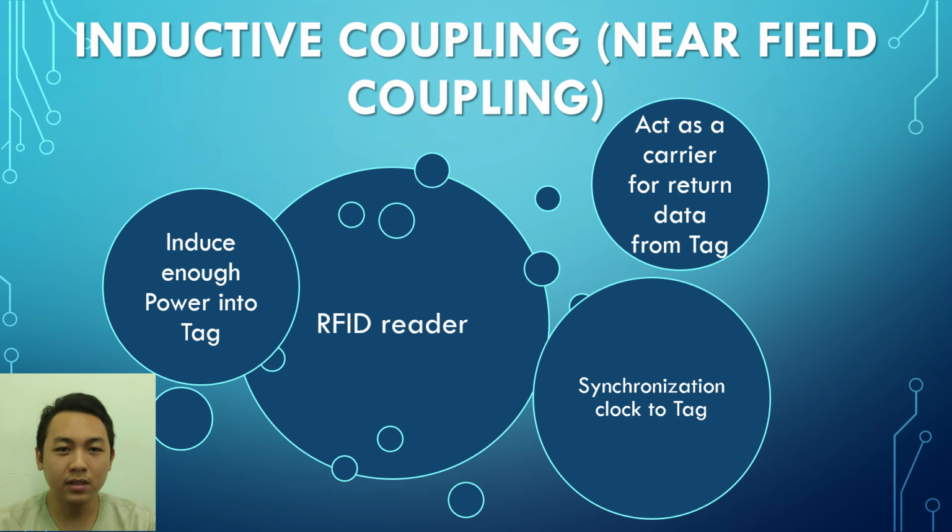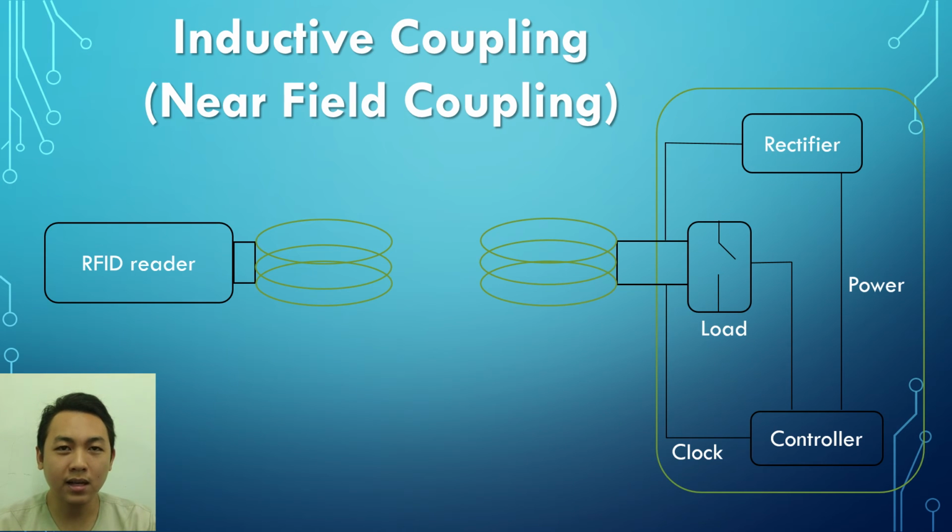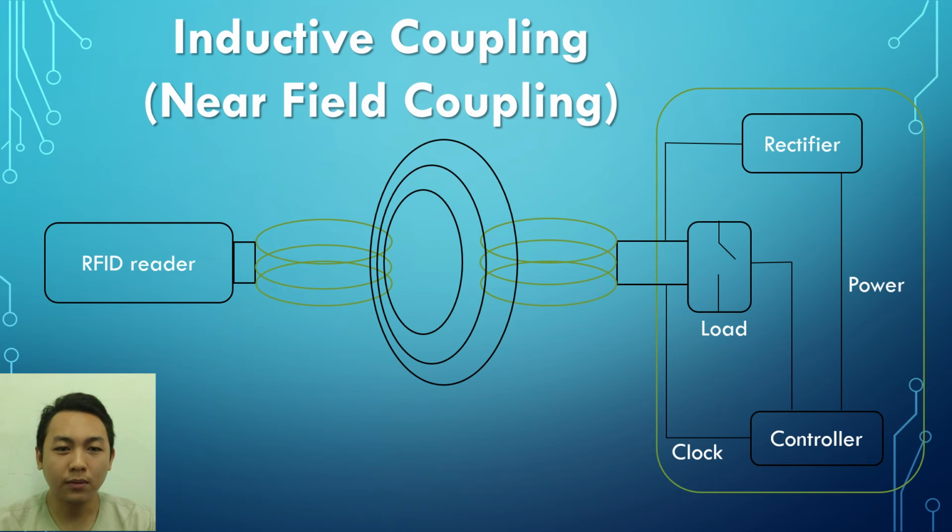The field generated by the RFID reader couples with the antenna of the RFID tag. Because of this mutual coupling, a voltage is induced across the coil of the tag. Some portion of the voltage is rectified and used as a power supply for the controller as well as the memory elements.